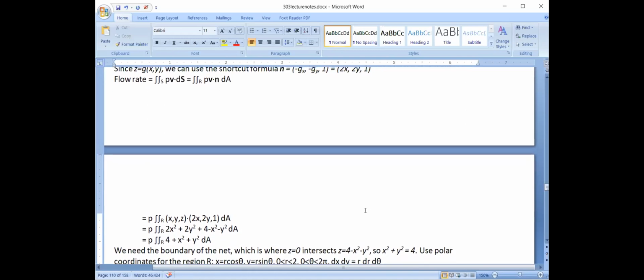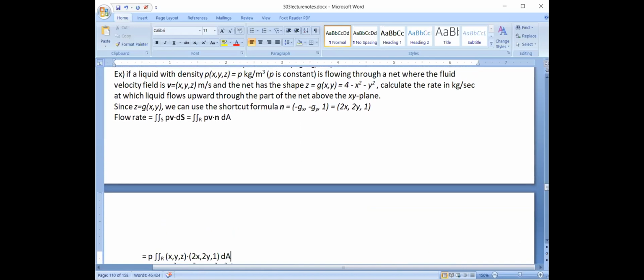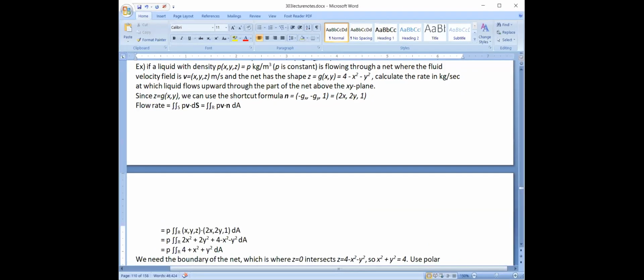So notice that the boundary of the net, let's go back to the question for a second. Here we go. The boundary of the net, notice that it says above the xy plane. So the boundary is the xy plane, which is where z equals 0.